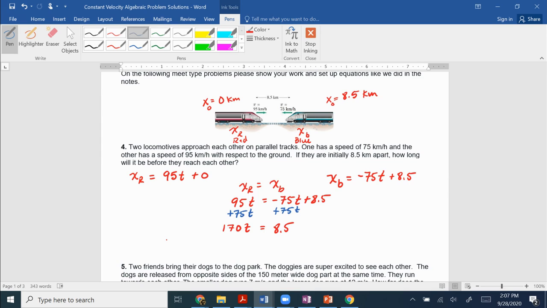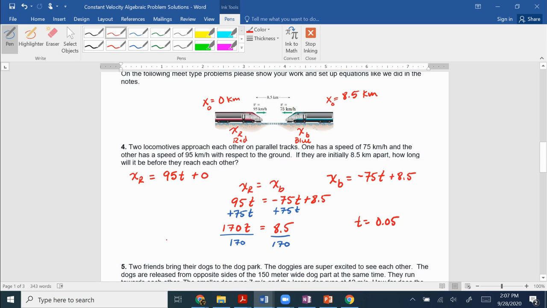Divide. 8.5 divided by 170 gives you 0.05. And you might say, hey, that doesn't seem right.